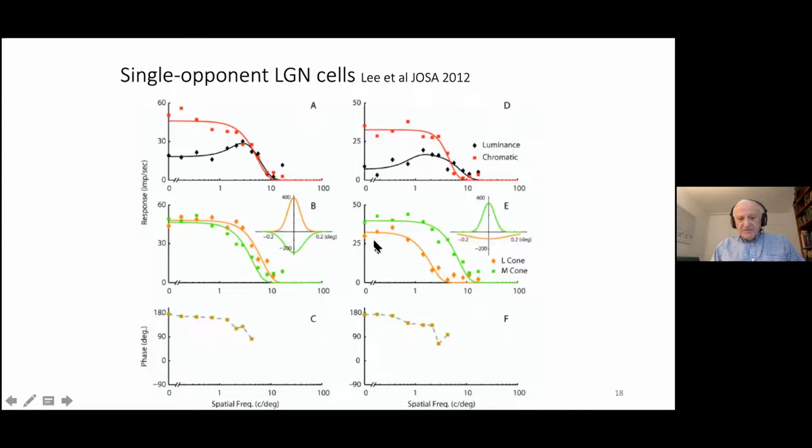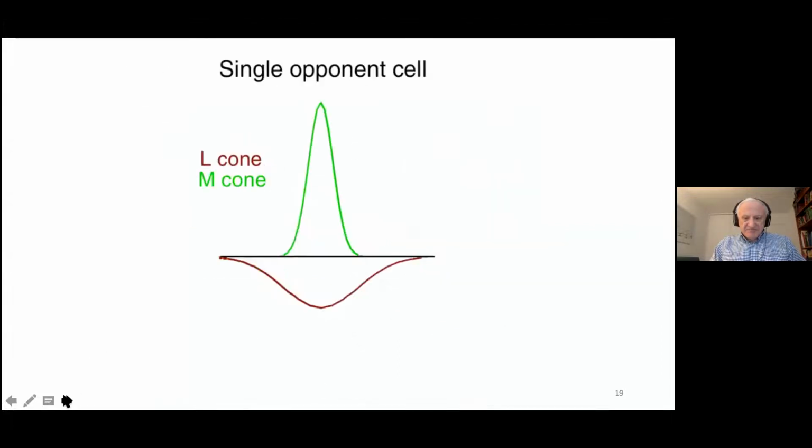But generally speaking, most of the data of the in vivo visual system is consistent with the idea that, up to the level from the retina to the LGN, the color cells are responding with cone inputs that look like this, which means that the spatial profiles look like this, which means that the bottom line is that a caricature, a cartoon version of what the input is to the cortex from the eye is that it's made up of a population of single opponent cells.